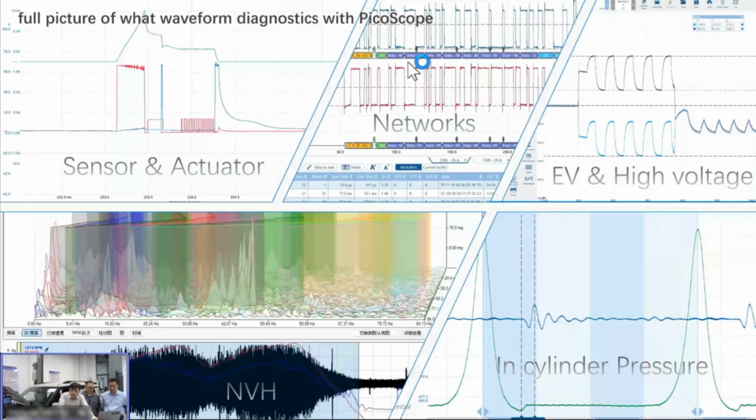The fifth is engine mechanical diagnostics without disassembly. This is one of my personal favorites. Using an in-cylinder pressure transducer connected to the PicoScope, you can capture the actual pressure curve inside the combustion chamber.